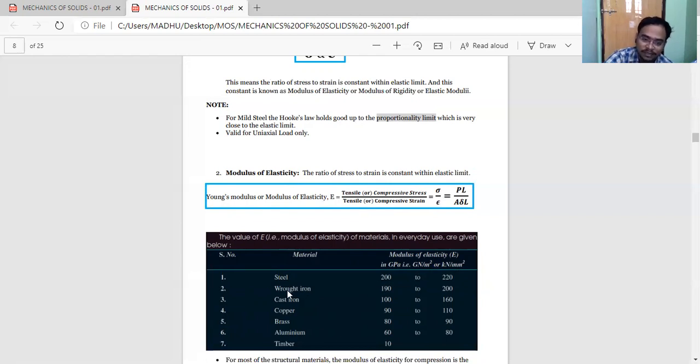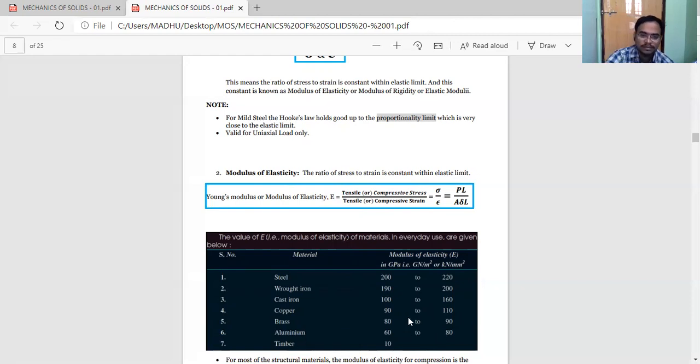For wrought iron, 190 to 200. For cast iron, 100 to 160. Copper, 90 to 110. Brass, 80 to 90. Aluminium, 60 to 80. Timber, it is 10.